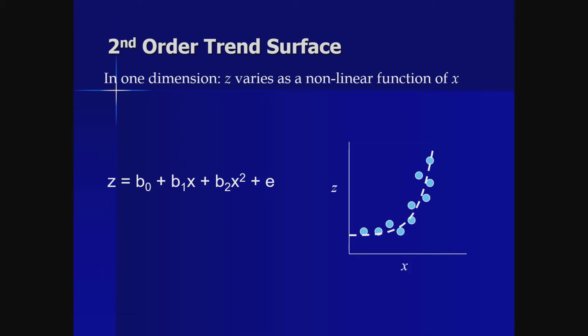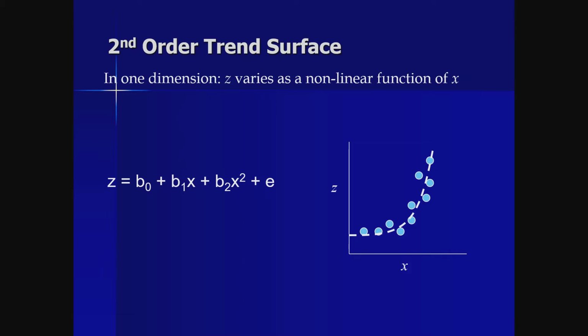If you want to do a third order trend surface, and there's less and less utility for each of these trend surfaces, then your third order trend surface is going to have two undulations in your data. It's going to go up and down in both the x and the y dimension, and so on. Fourth order is going to have four undulations.